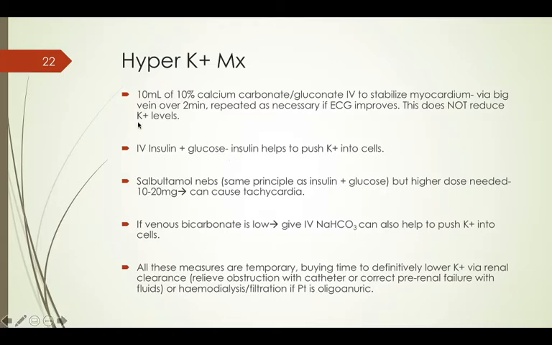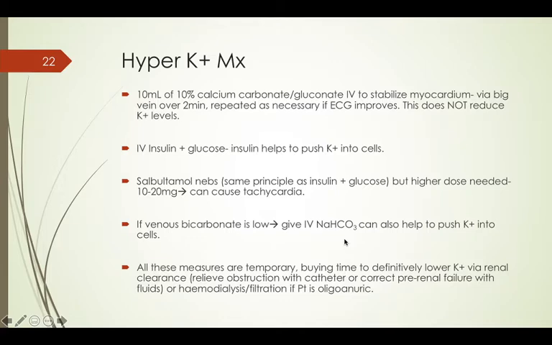After that, we can think about giving a co-infusion of insulin and glucose. Insulin helps to drive potassium into cells, therefore reduce the potassium levels in the blood, and glucose obviously to prevent hypoglycemia from the insulin. Salbutamol again works in a similar way to insulin, again trying to push that potassium into the cells, as does bicarb.